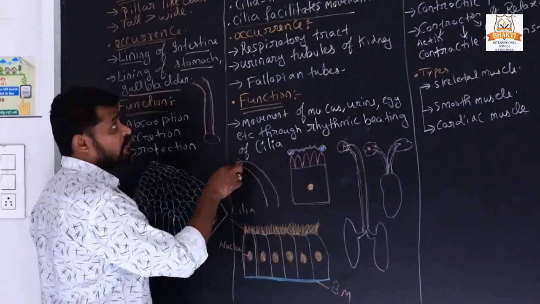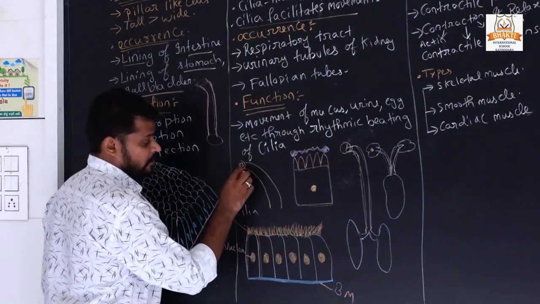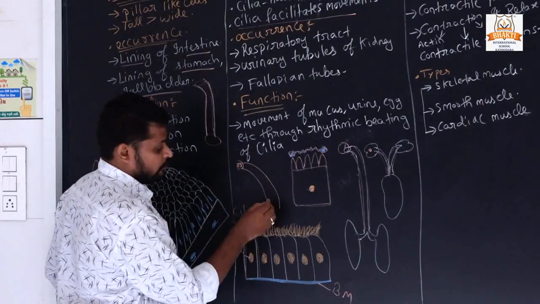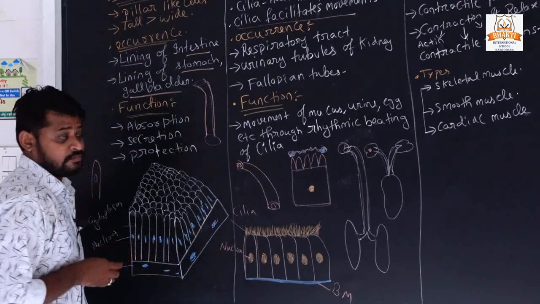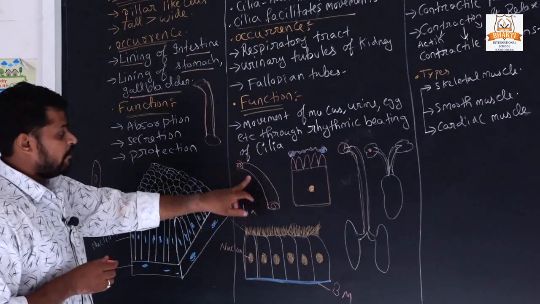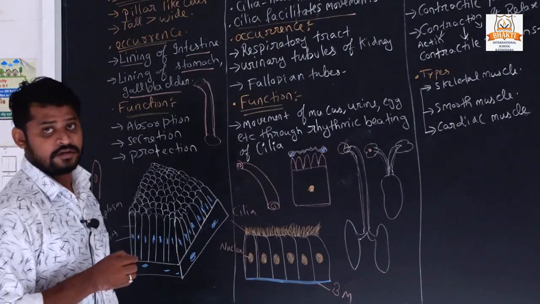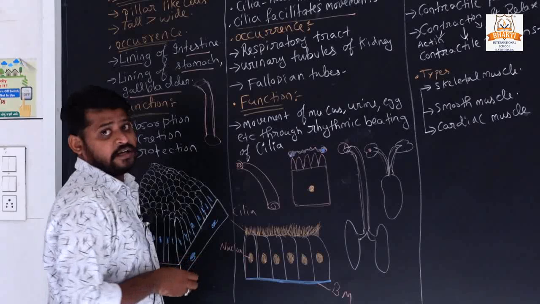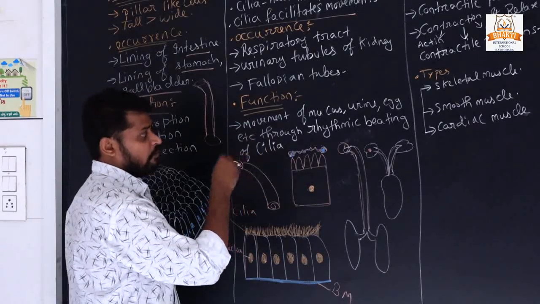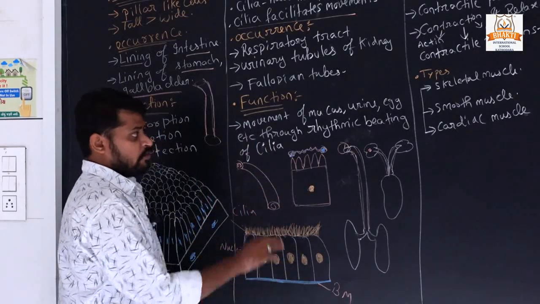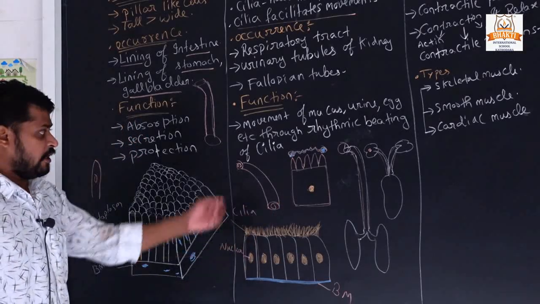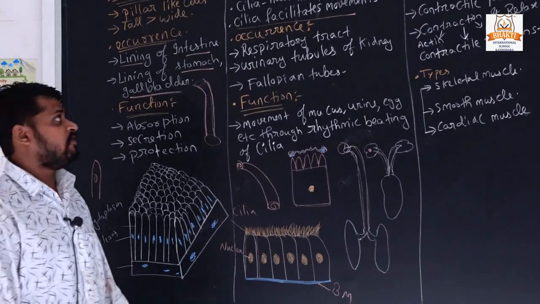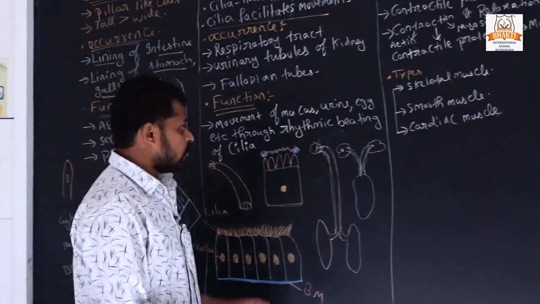With the help of cilia, it will move this egg from the ovary onward. So it is the function of ciliated epithelial tissue to provide movement of mucus, urine and egg through rhythmic beating of cilia. So this is our fourth type of epithelial tissue.